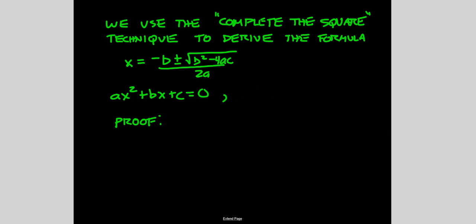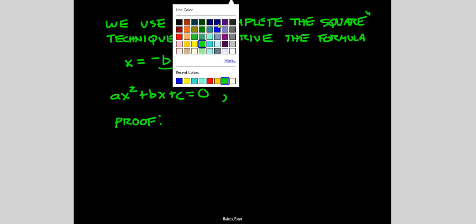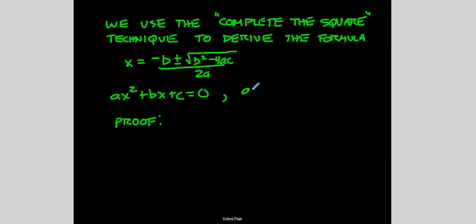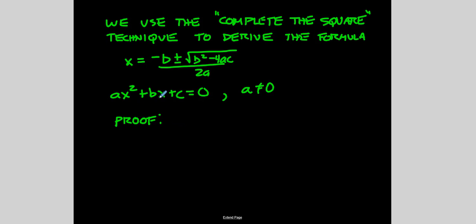The reason is that if a is 0, it's not a quadratic equation. It'd just be bx plus c, and that's now a linear equation, so that would not apply. So the proof: we start with ax squared plus bx plus c equals 0.